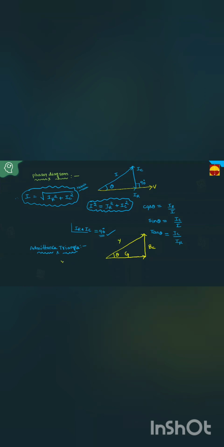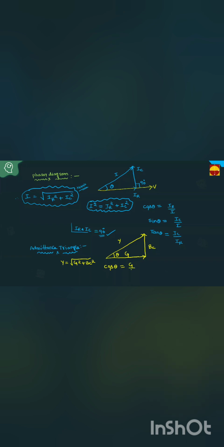Then what is Y equal to, friends? Y equals square root of G square plus BC square. What is cos theta? G by Y.